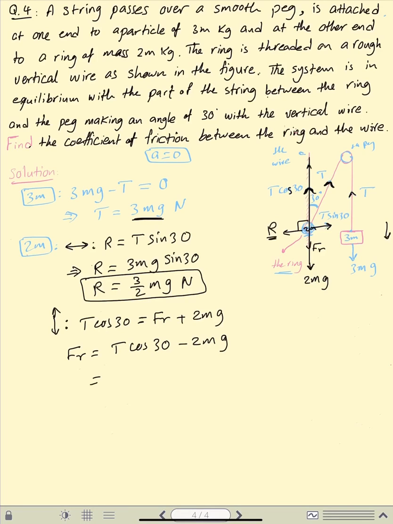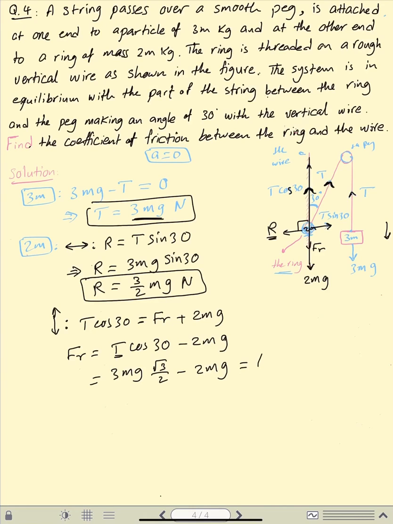By replacing T by its value, so T is 3mg, cosine 30 is radical 3 over 2 in the calculator, minus 2mg. Calculate this, or you keep it as it is.